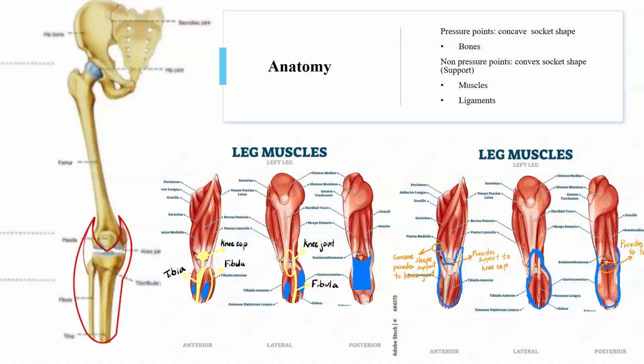So in this image here, as you can see, this would be the beginning of the socket, and that's placed right below the kneecap, where there are ligaments and soft tissue that would act as a cushion and support.